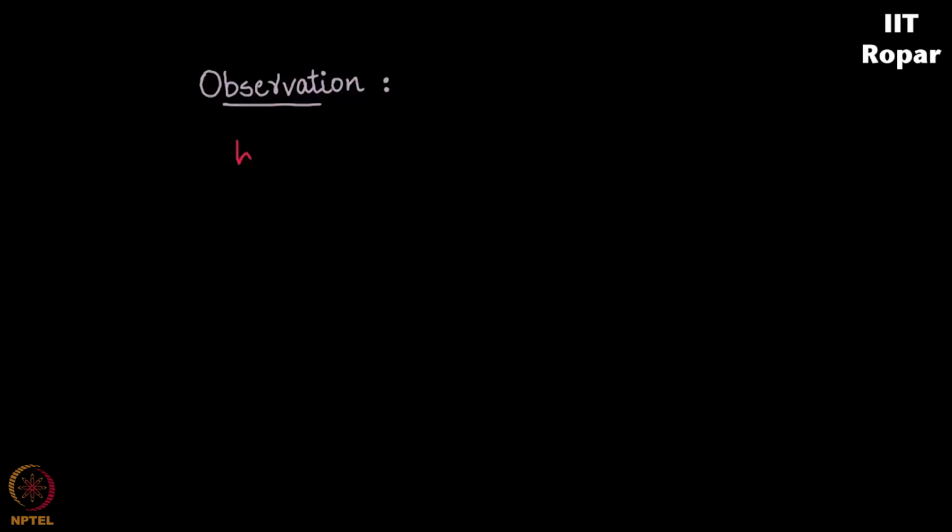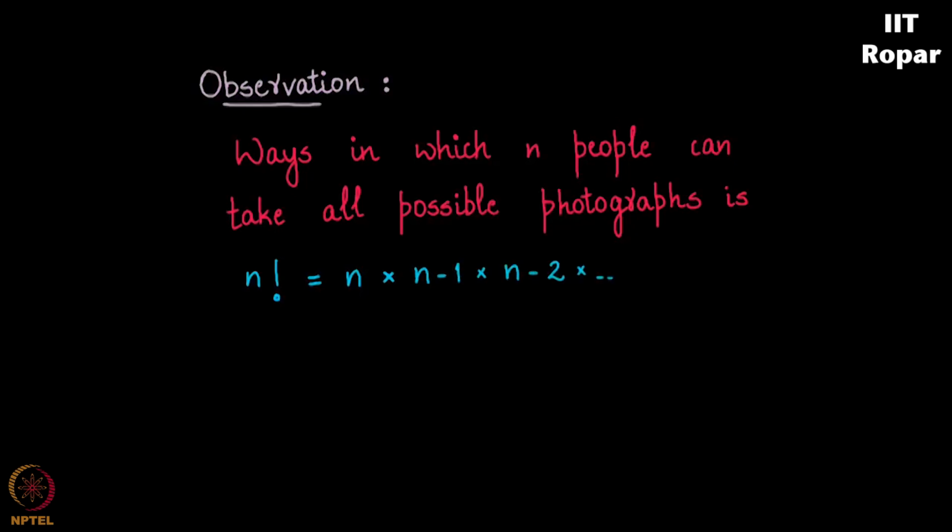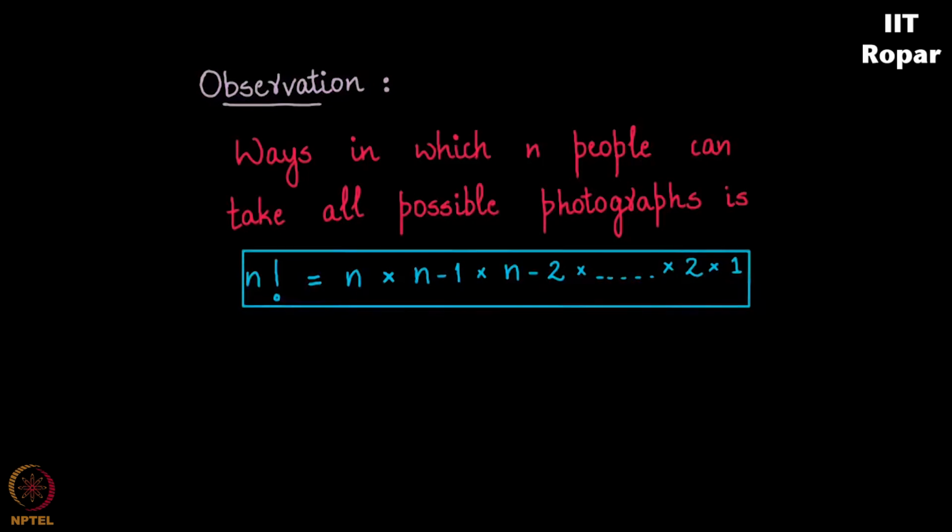We observed that ways in which n people can take all possible photographs happens to be n factorial, which stands for n into n minus 1 into n minus 2 up to 2 into 1. Now this is a very important finding that we have observed, and we're going to use this in almost all of the lectures that are forthcoming from now.